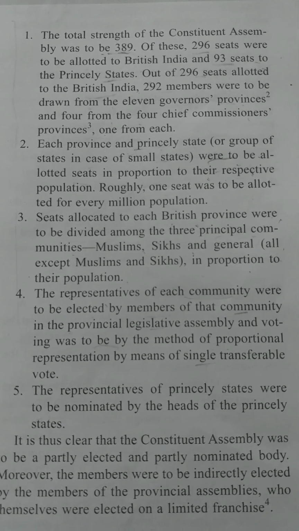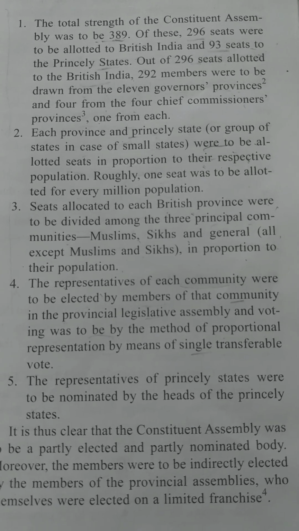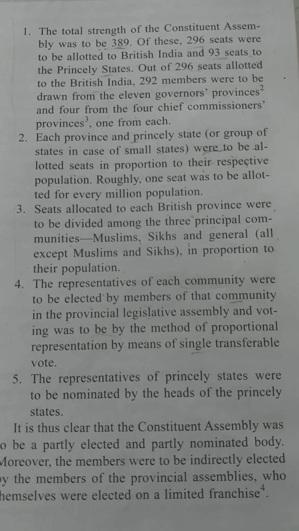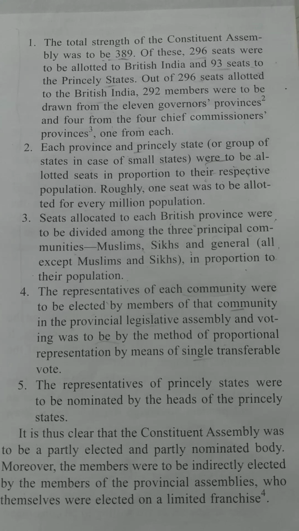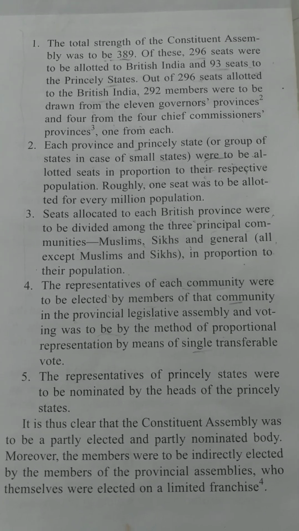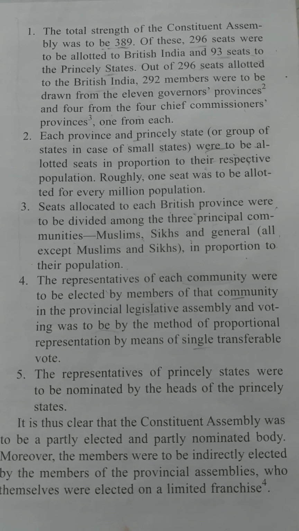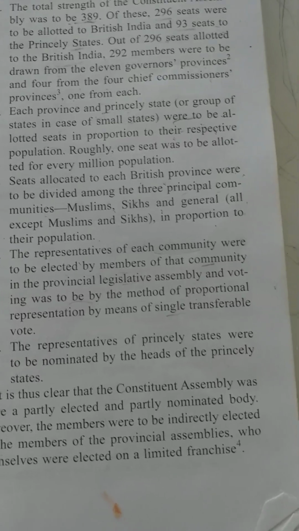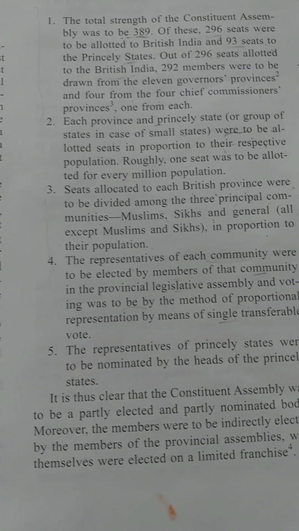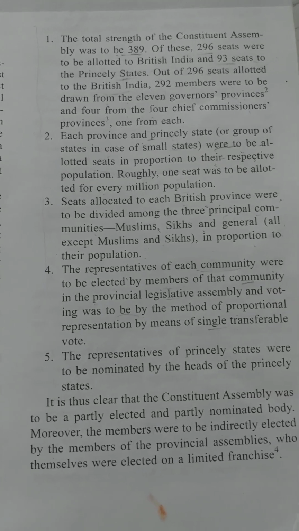The representatives of each community were to be elected by members of that community in the provincial legislative assembly, and voting was to be by the method of proportional representation by means of the single transferable vote. The representatives of princely states were to be nominated by the heads of princely states.